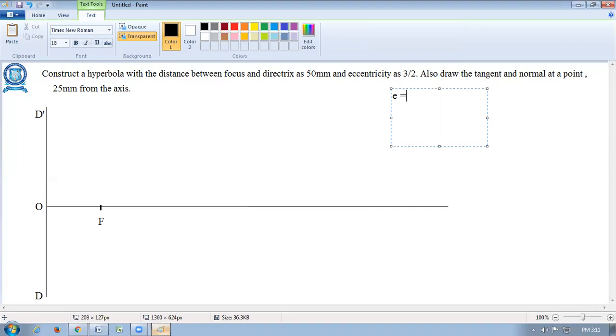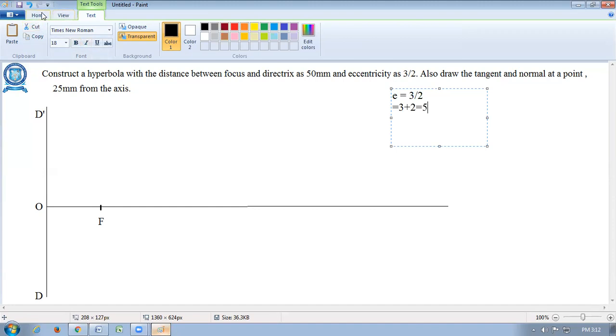We have to divide the focus distance OF into 5 equal points, which means 3 plus 2 equals 5. We add the numerator and denominator and get 5. So we divide this OF into 5 equal parts; if the distance is 50 mm, then 50 divided by 5 is 10 mm.